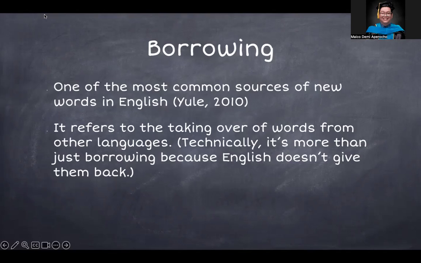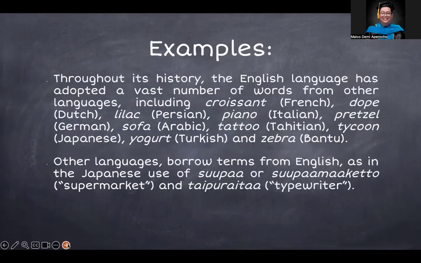We take these words from a specific language, but we don't give them back because they have been integrated already into the vocabulary of the English language. Some examples of these are the words croissant from French, dope from Dutch, lilac from Persian, piano from Italian, pretzel from German, sofa from Arabic, tattoo from Tahitian, tycoon from Japanese, yogurt from Turkish, and zebra from Bantu.